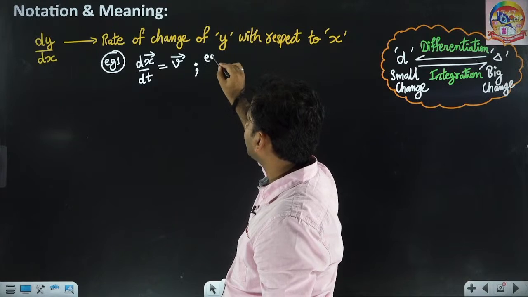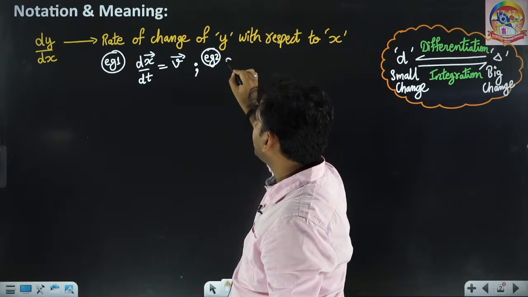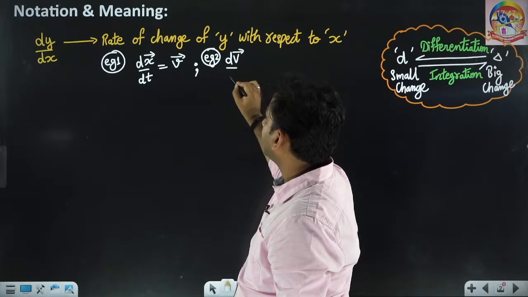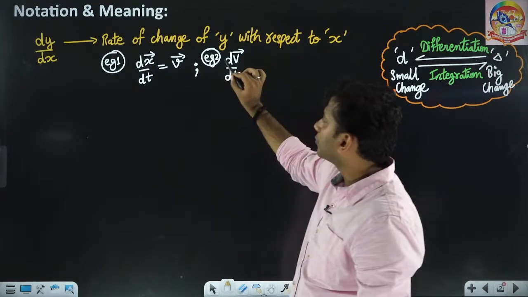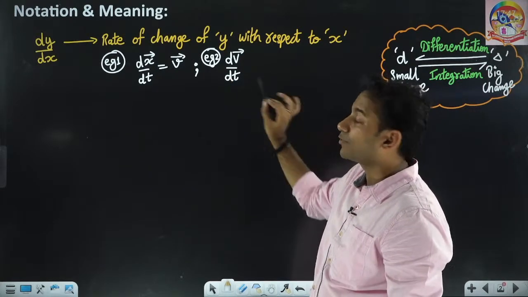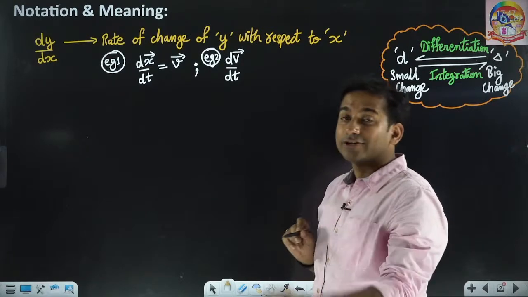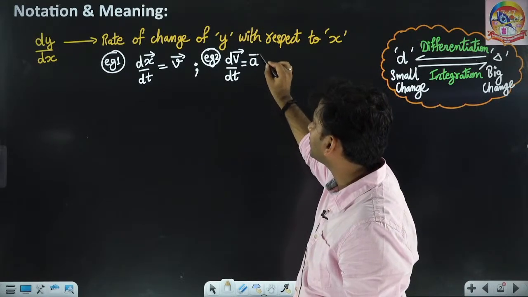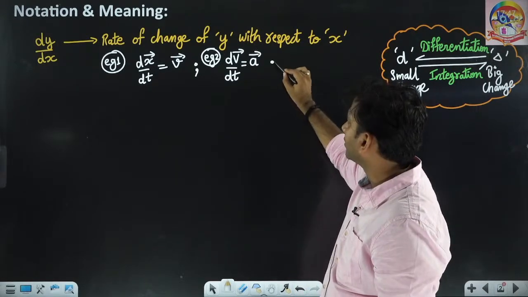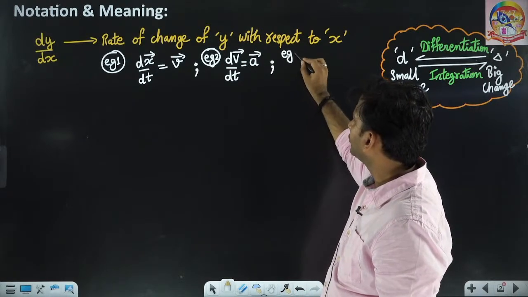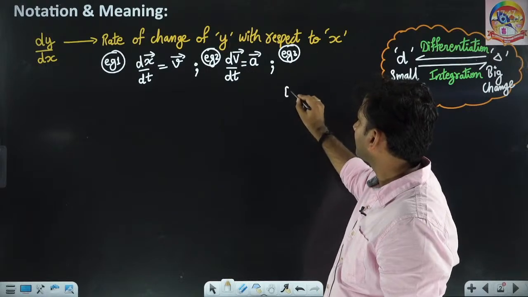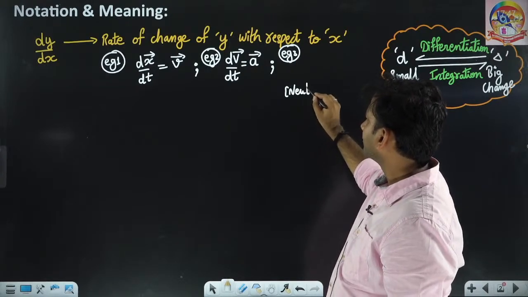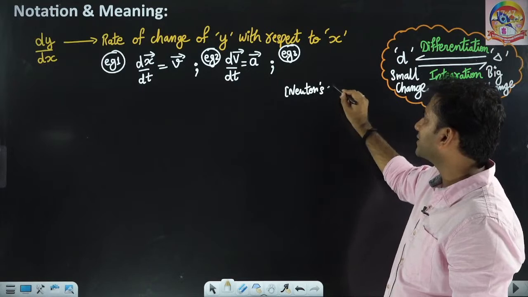Okay, example number 2, dv vector by dt, that means small change in velocity vector with small change in time, that is going to give you the acceleration vector. Okay, one more example, Newton's second law. You remember Newton's second law?